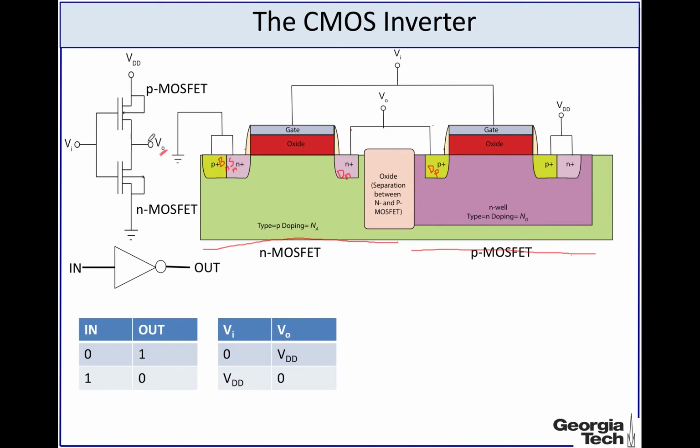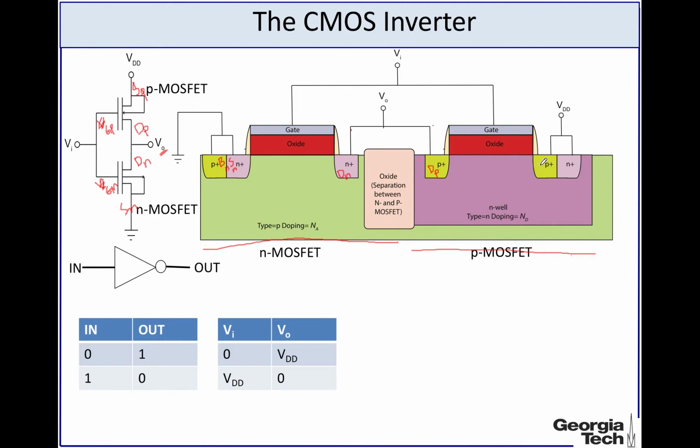So just so we're clear, this is VDP, this is VDN, this is VSN, this is VGN, this is VGP, and this is SP.